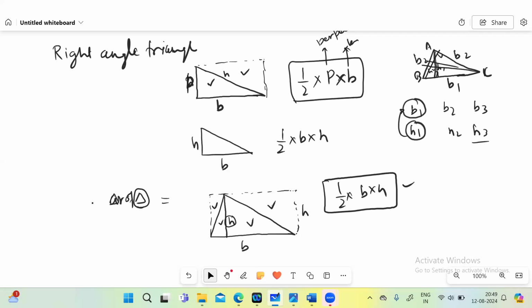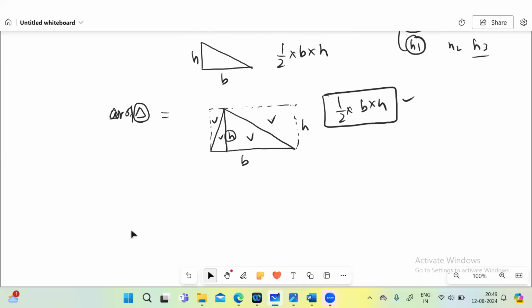Now, once you've got the area of a triangle, with a warning or precaution that the base and height should be corresponding to each other.